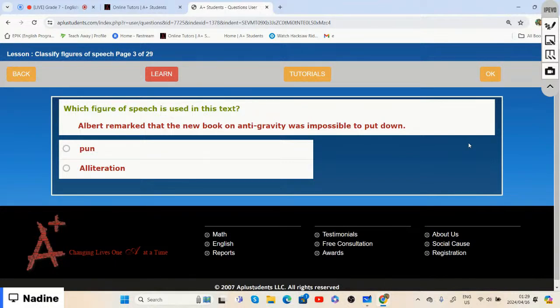Albert remarked that the new book of anti-gravity was impossible to put down. Is this a pun or is this an alliteration?